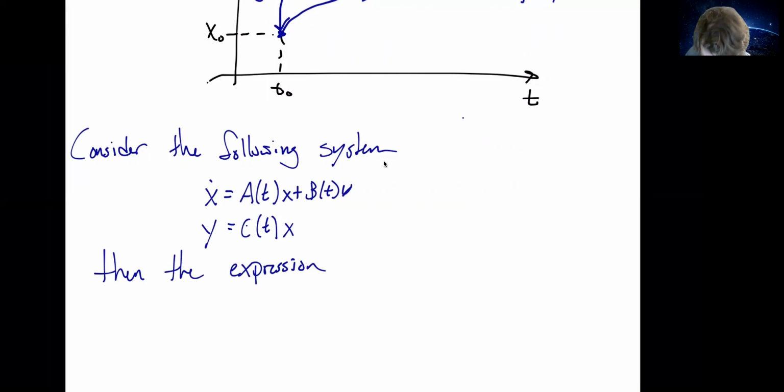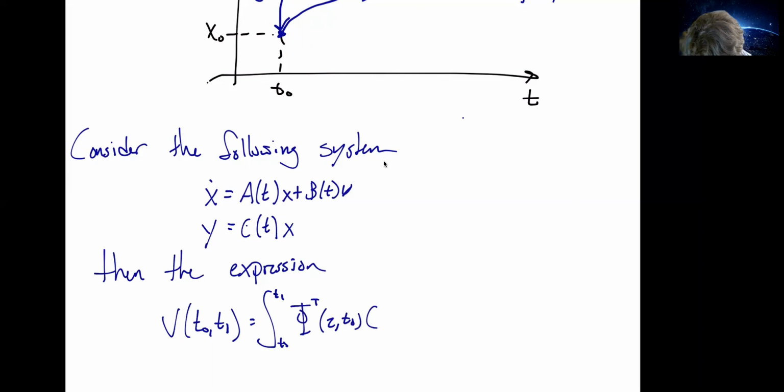Now this is called the Gramian matrix: V of t0, t1 is equal to the integral from t0 to t1 of the state transition matrix, Phi transpose of tau, t0, times the transpose of the measurement matrix or output matrix, times the output matrix, times again the state transition matrix, d tau.